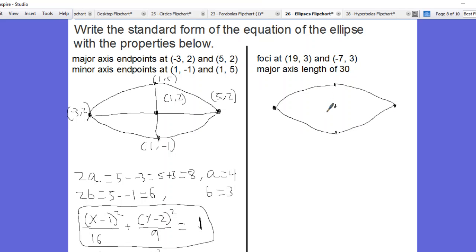Our foci are at (19, 3) and (-7, 3). I've also indicated that my major axis length, 2a, is equal to 30.